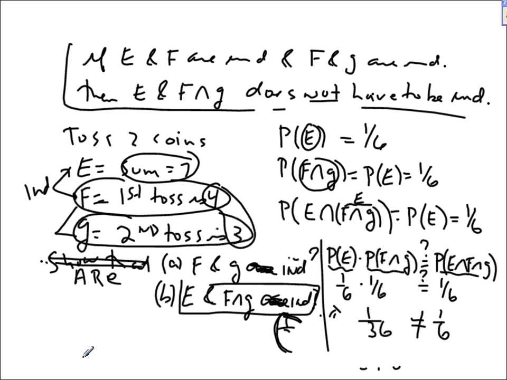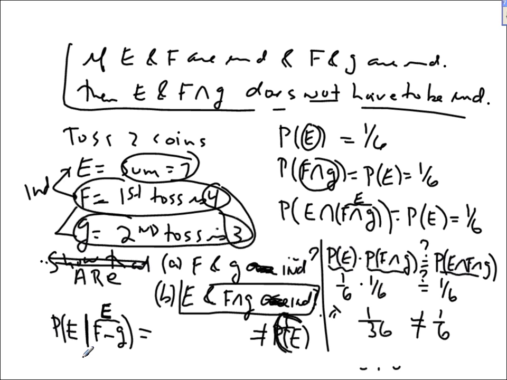Okay, but I also mentioned that you can see it. Remember, the probability of E given F intersect G, if it doesn't equal P of E, we're in trouble. Now, remember, that's E. You are given that E happened.